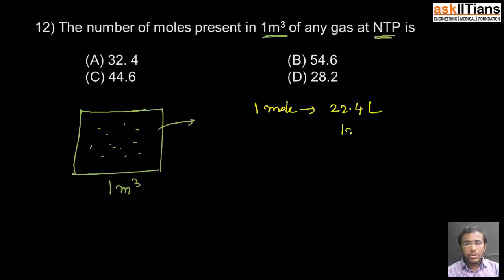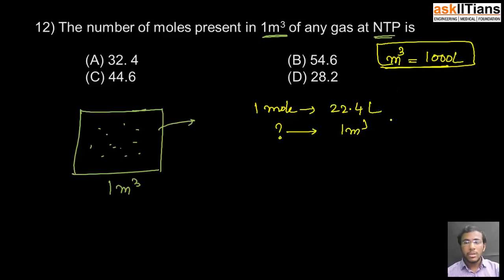That's what we need to find out. 1 meter cube is 1000 liters. This is what you have to know. So I have to calculate how many moles are there in 1000 liters. I know that 1 mole is there in 22.4 liters. So the number of moles in 1000 liters is how much?